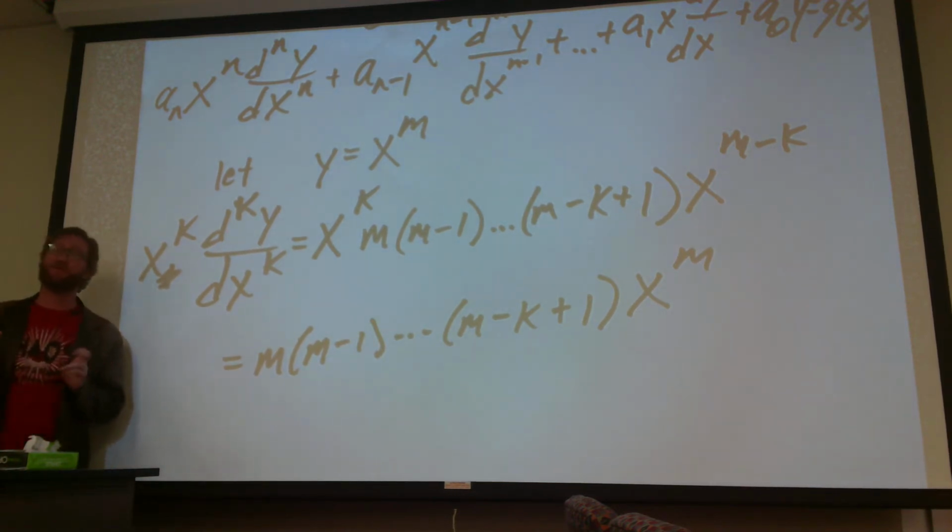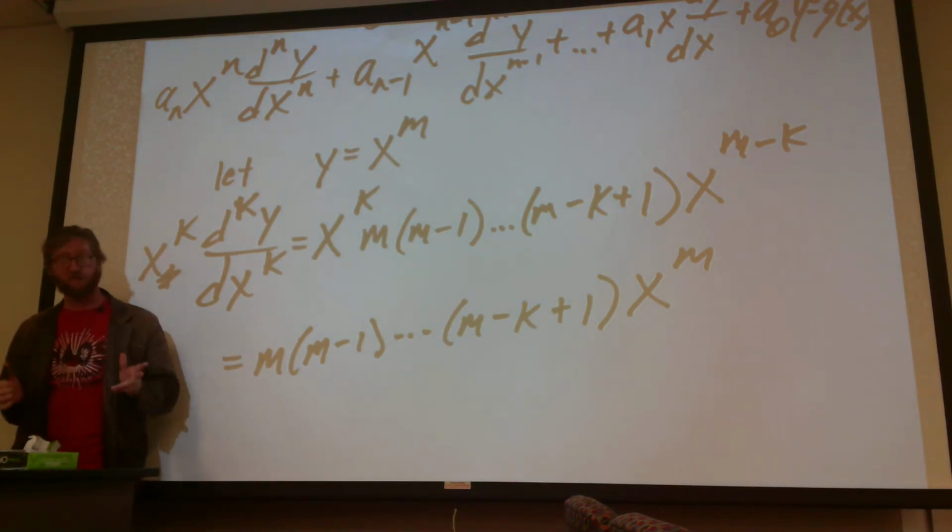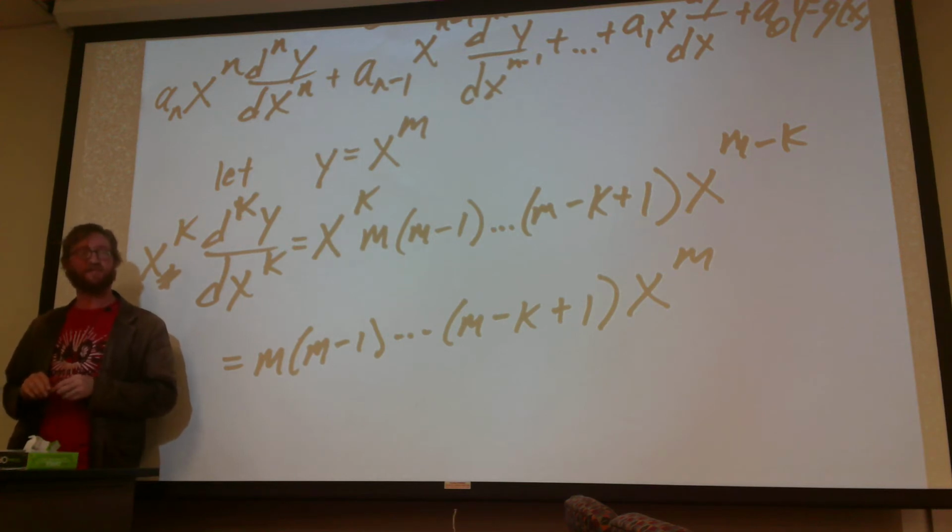And it's important that we get to that x to the m. Okay? So let's just look at a specific example of this, and let's look at a second degree derivative.